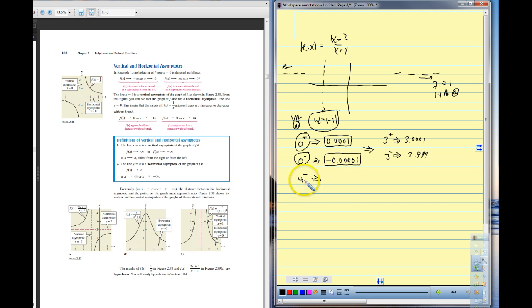Well, a negative number just to the left of 4 would be the opposite of 4.0001. I'm sorry, I wanted a negative here. And if I wrote negative 4 plus and negative 4 minus, think of the number line.